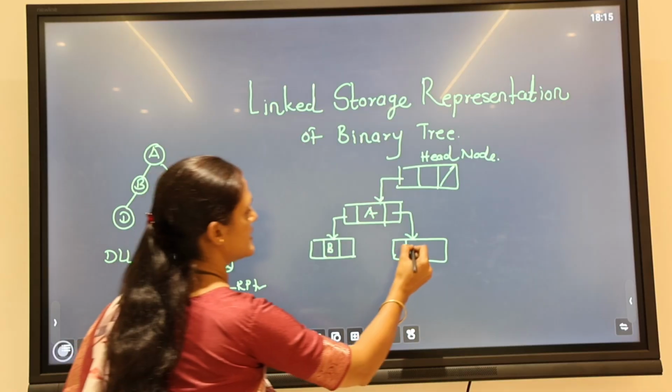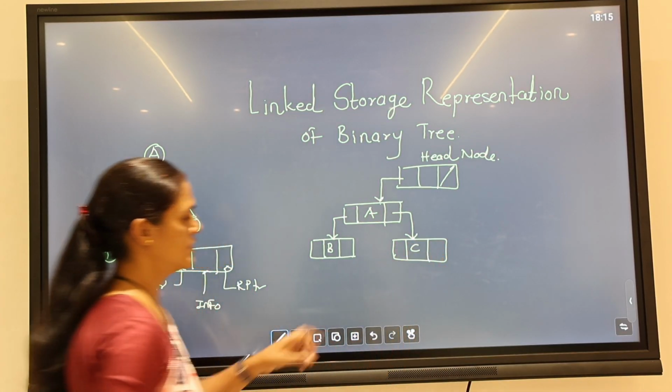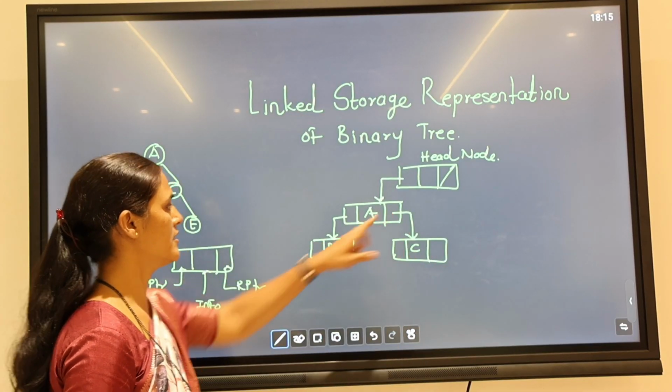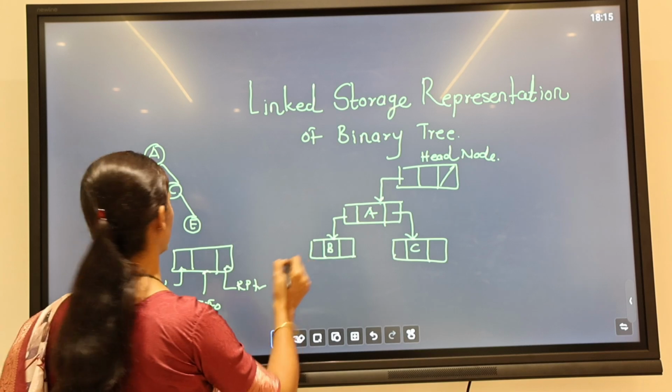Which one is the right child? Node C. So store address of C in R pointer of A.